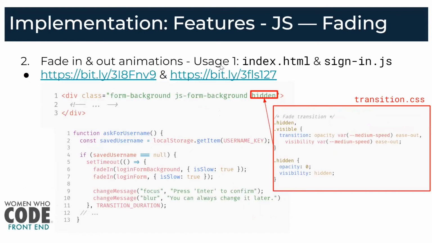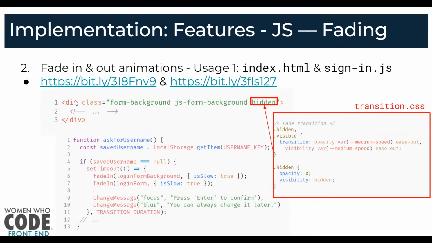So the first usage would be in index.html and signin.js. I'm going to drop this link in the chat. Here, the first image is from index.html, and this is the hidden class.